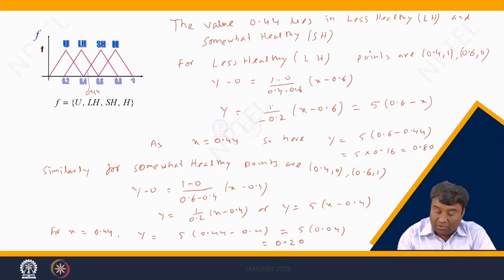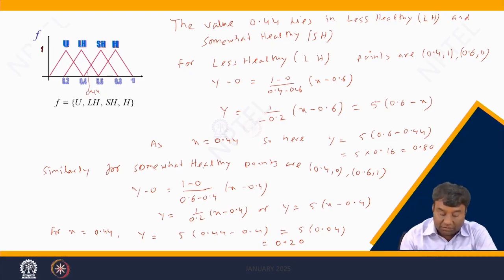So that is y equal to 1 by minus 0.2 into x minus 0.6. So that is 5 into 0.6 minus x. Here given x is 0.44, so you need to put the x value here. So y equals 5 into 0.6 minus 0.44. So that is 5 into 0.16 and we got 0.80.